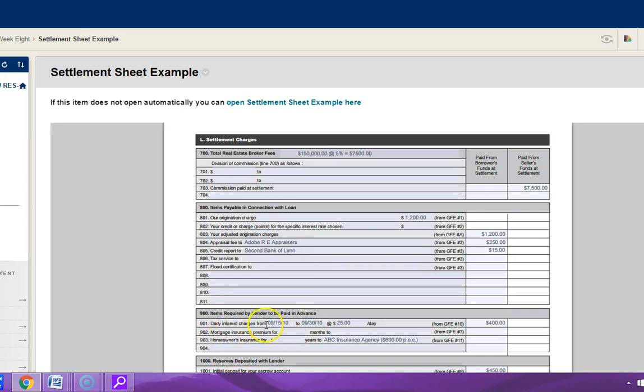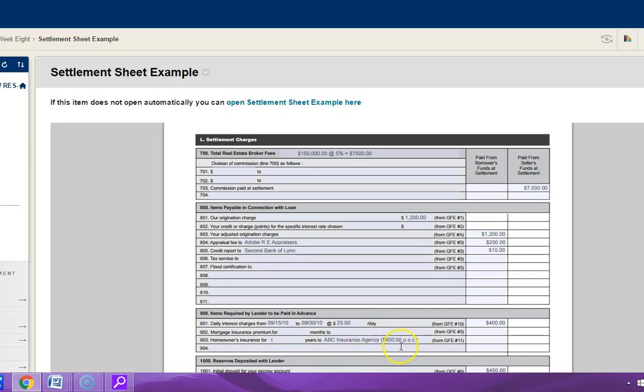When you come down to the 900 block, now we're talking about interest that you pay in advance, not escrows, but fees, things you actually pay. One of the things the bank will require you to do is purchase the first year's homeowner's insurance and pay it before closing. So it's 1 year to the name of the insurance company, and you can make that up for your outside project.